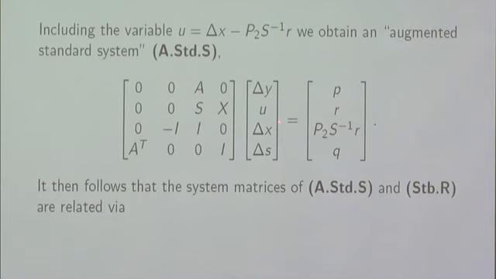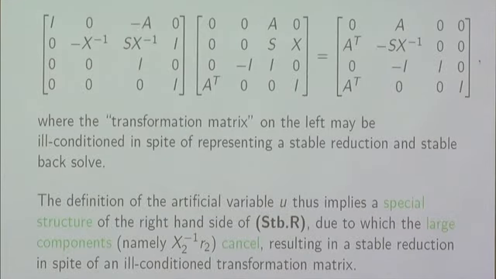And now we can actually find the standard system, here the stable reduction, and if we find the transformation matrix that transfers them, we see the transformation matrix here has an x1 inverse. If x is tiny, then x inverse will be a large component. So this transformation matrix is poorly conditioned, in spite of what I claimed in the evident fact.